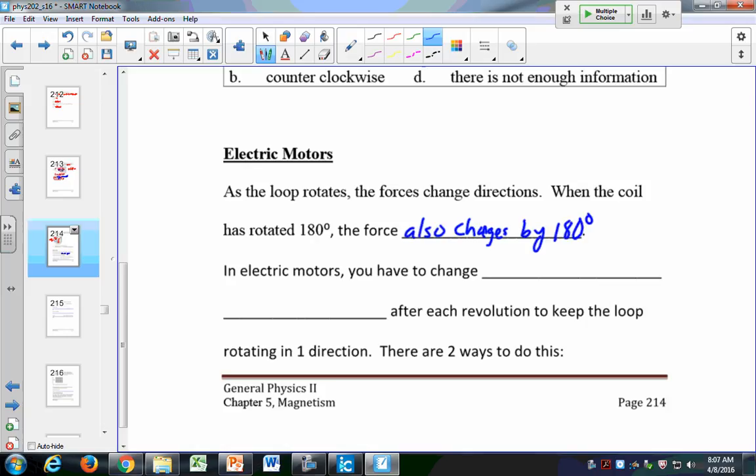In electric motors, then, you have to change the direction of the current after each revolution. So your coil would flip 180 degrees, and then you would change the direction of the current, so that your forces still keep it going in the same direction, and you don't get this flip-flop back and forth.